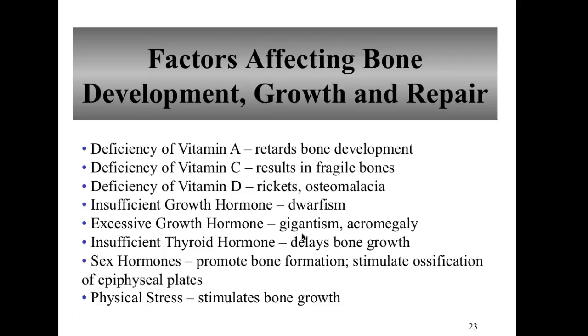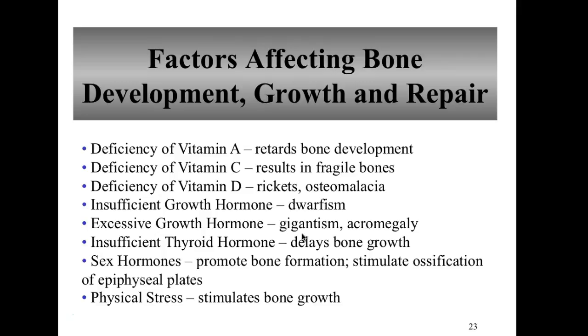In bone, basically what the human growth hormone does is it causes hyposecretion in childhood, which results in pituitary dwarfism. If you have hypersecretion in childhood, it results in gigantism. So hyposecretion, you would see basically little people, and then hypersecretion.